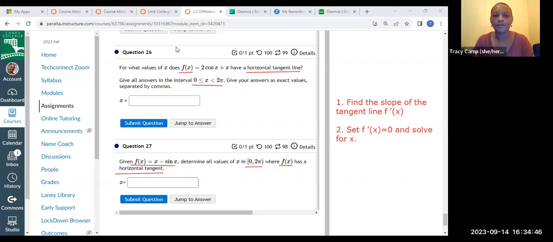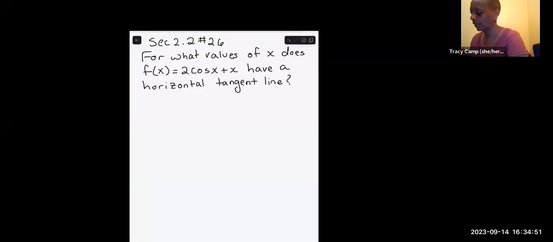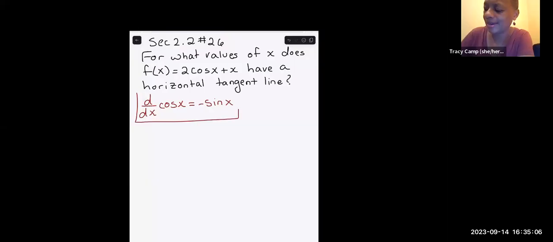So for number 26, my function is 2 cosine of x plus x. Remember these two rules right here. One, that the derivative of cosine is negative sine. By the way, if your function has a sine in it, then you're going to use the other trig rule that we have, which is that the derivative of sine is cosine.